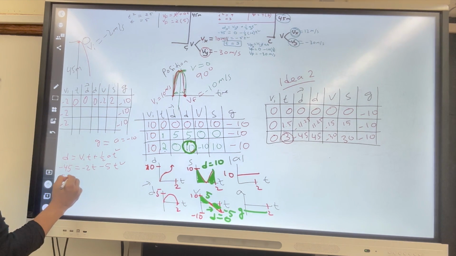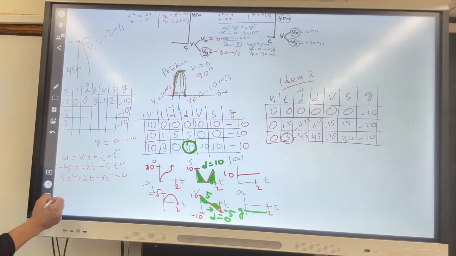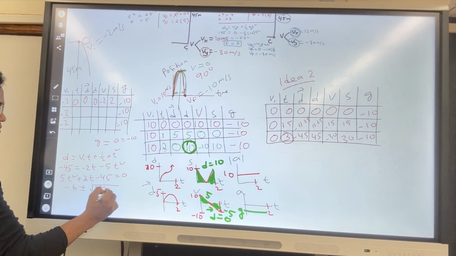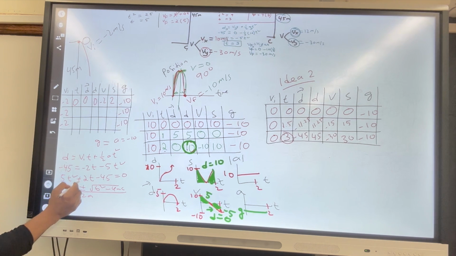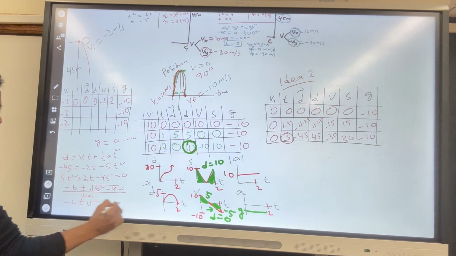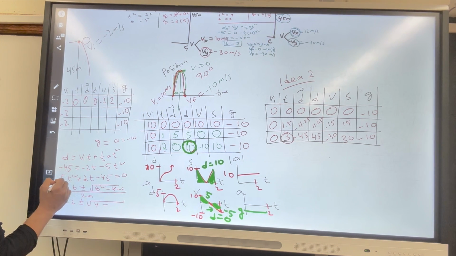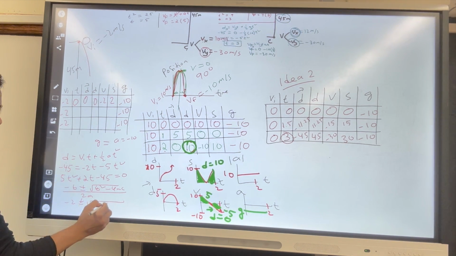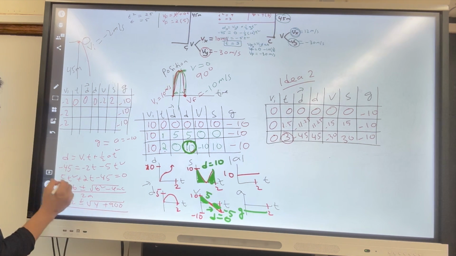So 5t squared plus 2t minus 45 is equal to 0. So you're going to have to use the quadratic formula, minus b plus minus square root of b squared minus 4ac over 2a. So b is 2, so -2 plus minus square root of 2 squared, which is 4, plus 4 times 45 times 5, that's going to give you 900, and 2 times 5 is 10.